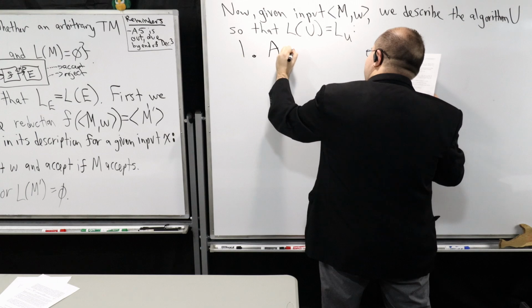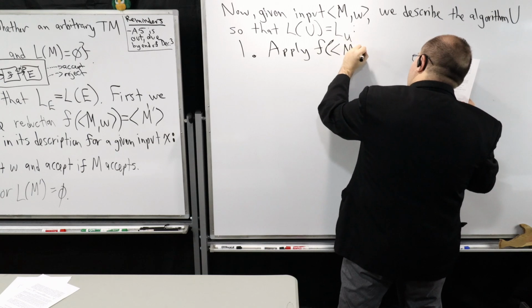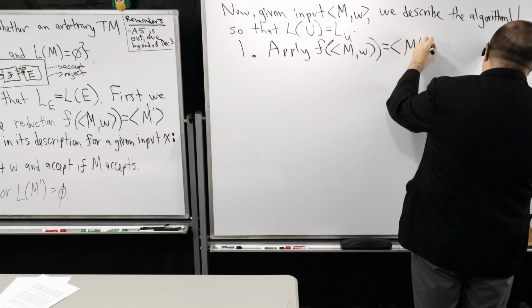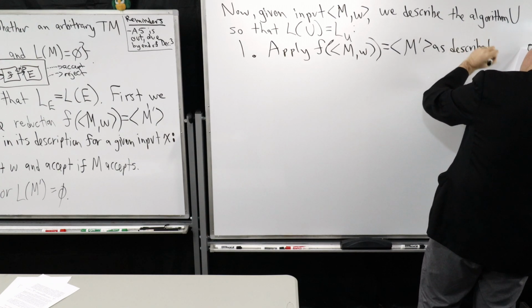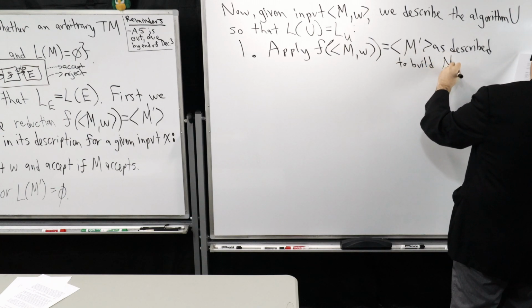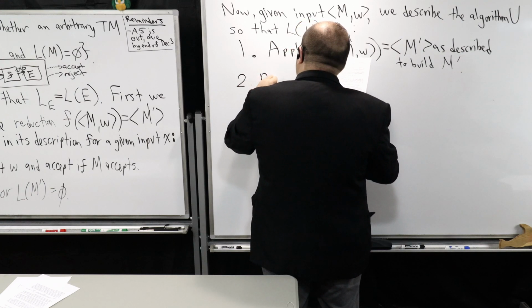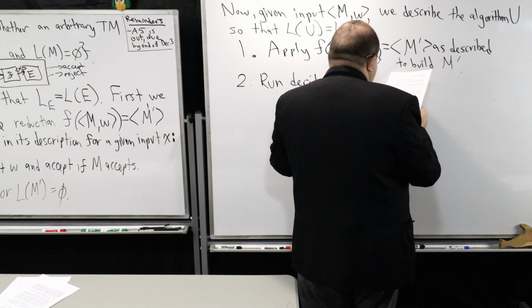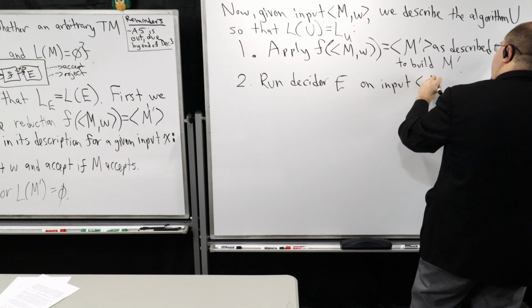So here's the idea. So here's the steps in my algorithm. I'm just going to apply the reduction. So we're going to apply, given M and W, we're going to get that Turing machine M prime as described to build M prime. Then you're going to run the decider. You're going to run decider E. Remember, that was what we would like to do on input M prime.